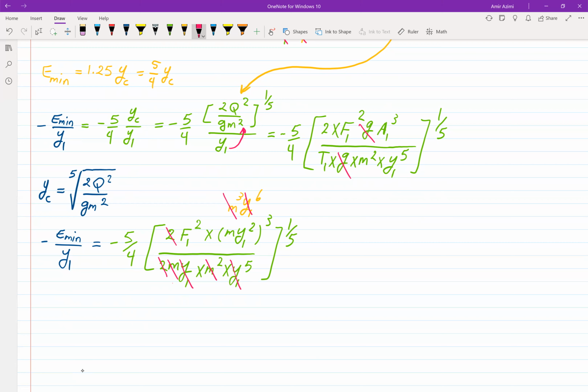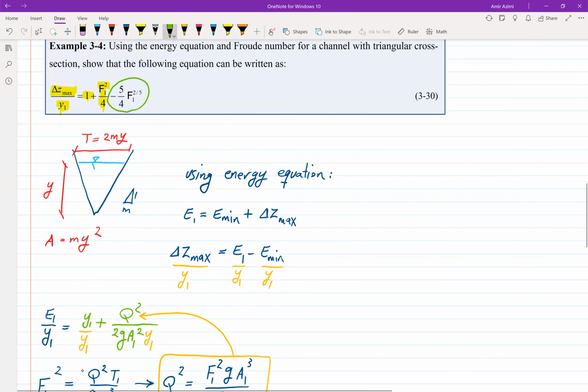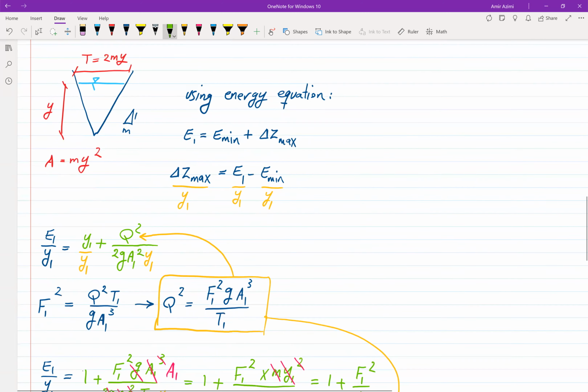So I have Froude squared to the power of 1/5, which becomes equal to minus 5/4 F1 to the power of 2/5. So you see that this is the second part of the expression.